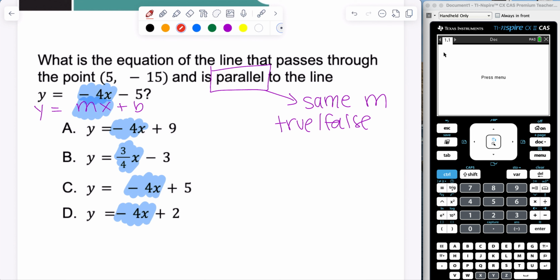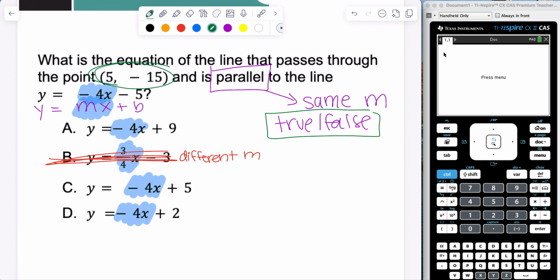So in this case, I know I can eliminate B because different m. So now I'm between A, C, and D. So now I'm going to use true, false with this point right here. So I have 5, -15. Remember, this is x, this is y.